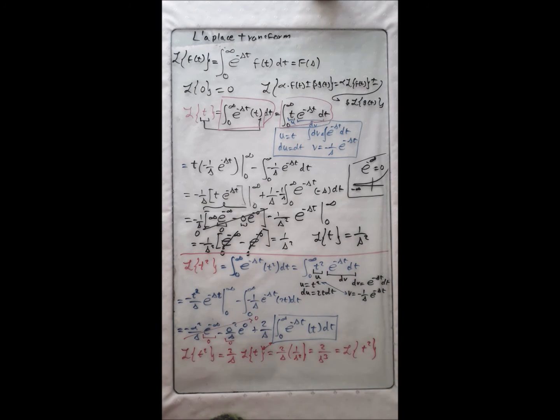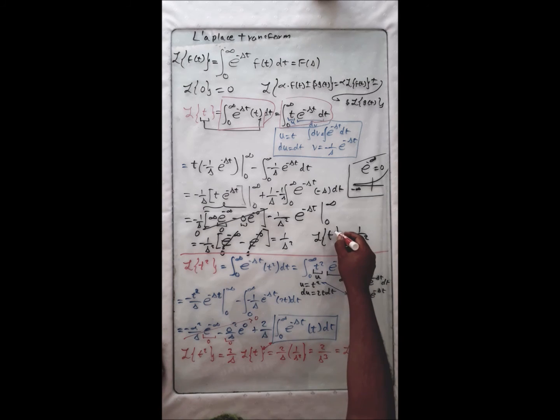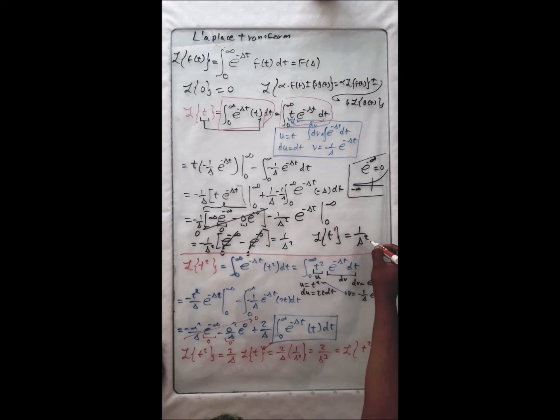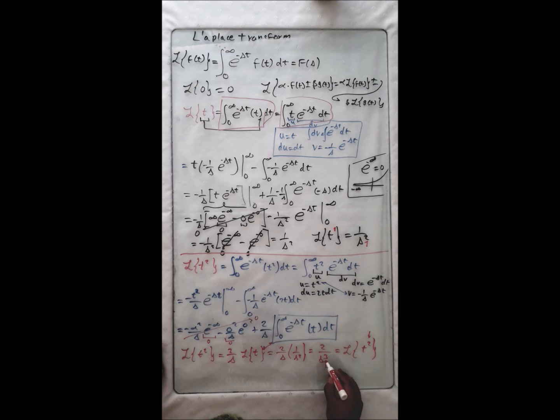Now, check here, engineers. Here's a rule. Here the t is power 1 and here the s is power 2. Now here the power is 2 and here it is 3. Alright? So how much is going to be the Laplace transform of t to the power of 3?